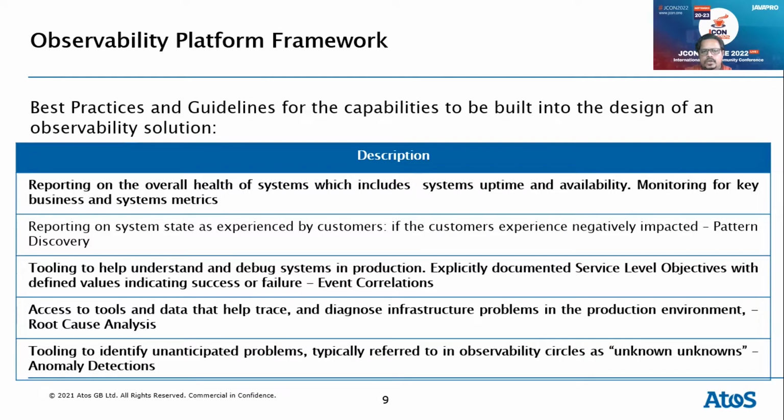Then you have the tools to help understand and debug systems in production, making sure that you meet the service level objectives and SLAs for your systems, which is done via event correlation, a capability or a feature that this solution provides. Access to tools and data that help trace and diagnose infrastructure problems in production and do the root cause analysis. What's important here is to know that the event correlation results in your root cause analysis as well.